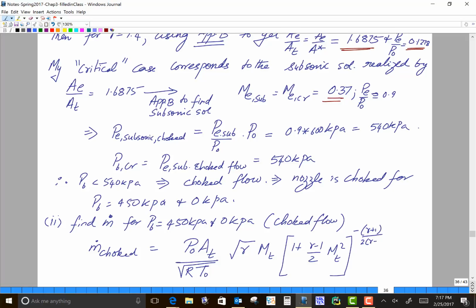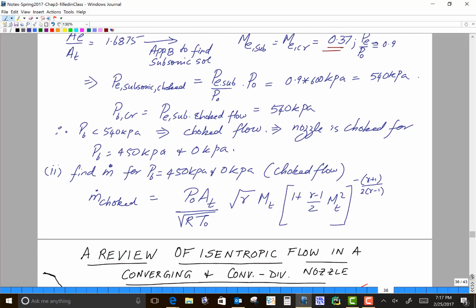With MT equals 1, if I plug in the numbers, my m dot choked is going to be 1.08 kilogram per second. This is my maximum mass flow rate through this nozzle.